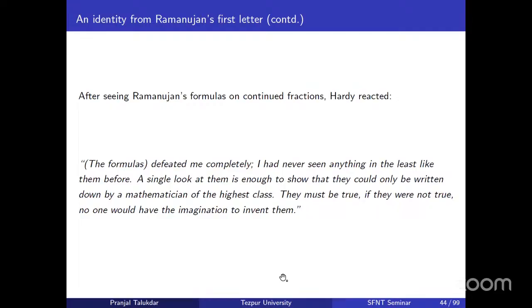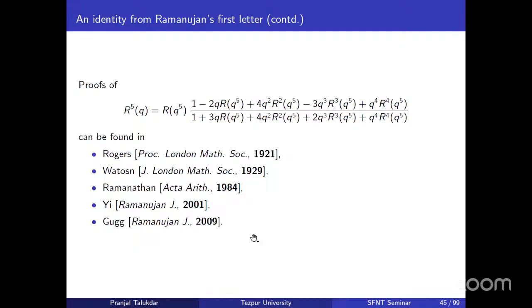After seeing this identity, Hardy reacted that he was actually amazed, and that these formulas defeated him completely, and that they could only be written down by a mathematician of the highest class. After Ramanujan, proofs of this identity were given by various mathematicians in different ways.